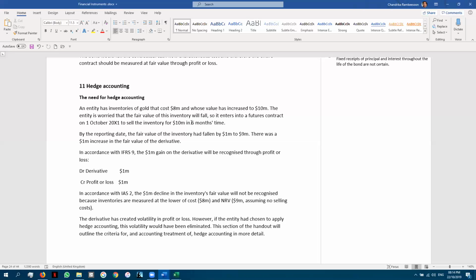If the price of the underlying moves in such a way that a gain is made, then a loss would be made on the futures. Further into the calculation as to how and why is not what we are about here. So by the reporting date, the fair value of the inventory, the gold, had fallen by $1 million, and there would therefore be a loss, so to speak, as compared to the original fair value. But there was a $1 million increase in the fair value of the derivative. Now, the $1 million is the same in this case.